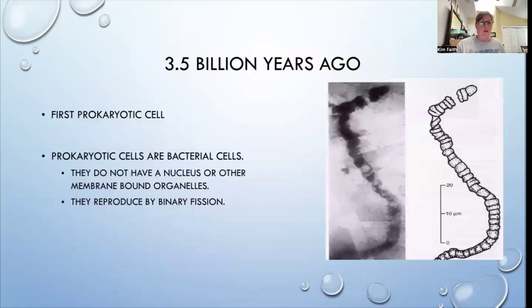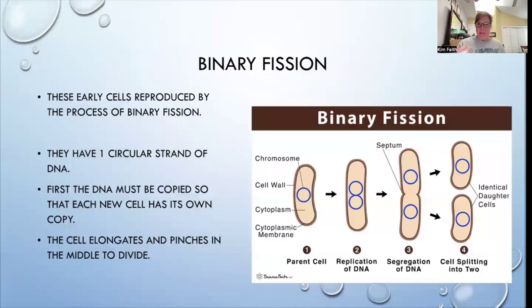Okay. They reproduce by binary fission, meaning that they basically have one cell, they elongate. As they elongate, they're going to make a copy of their DNA.